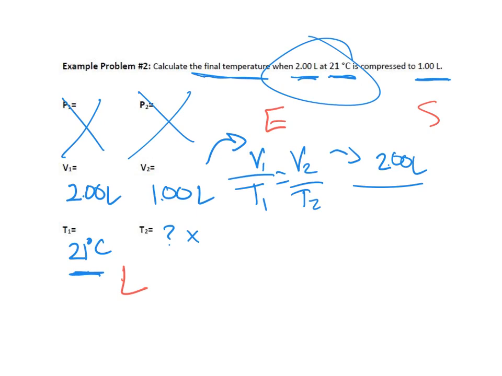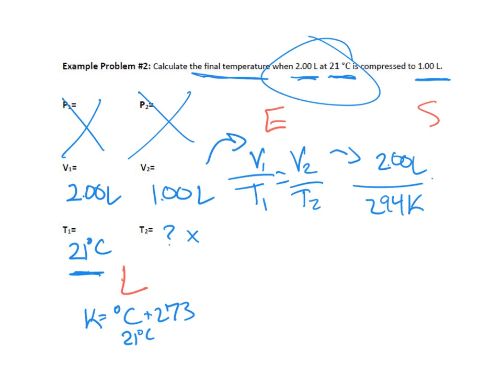So if you guys remember, Kelvin equals degrees Celsius plus 273. So if you plug in that degrees Celsius, it's 21 degrees Celsius plus 273. So we know our initial temperature is going to be 294 Kelvin. Okay, so we've done this first part of the equation right here.